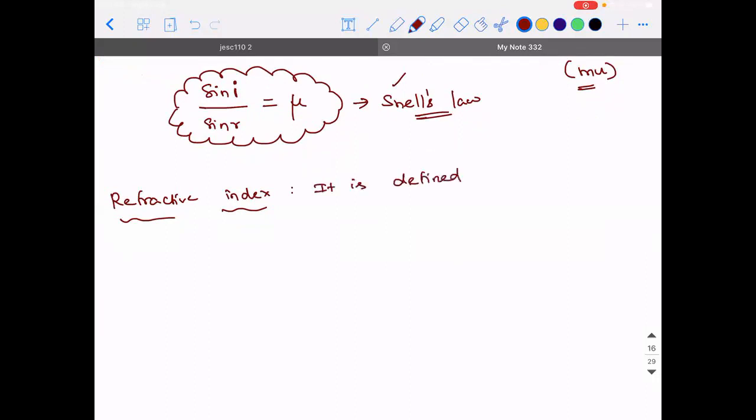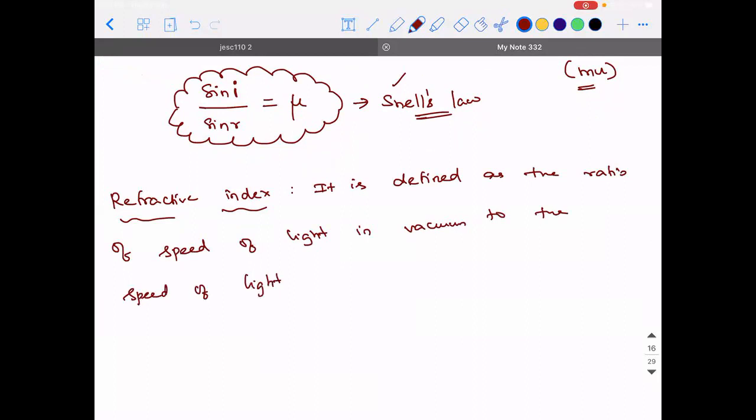It is defined as the ratio of the speed of light in vacuum to the speed of light in a given medium.